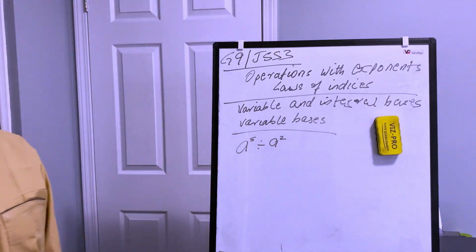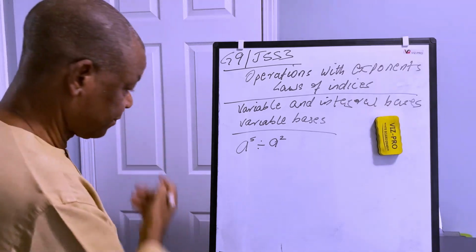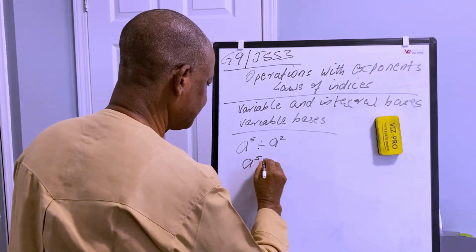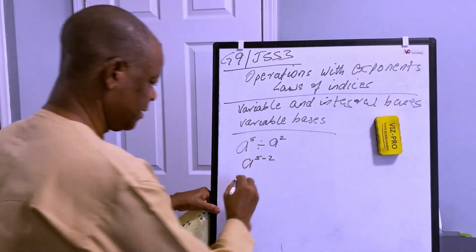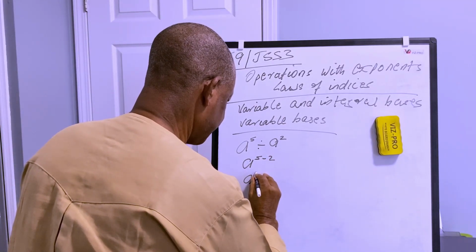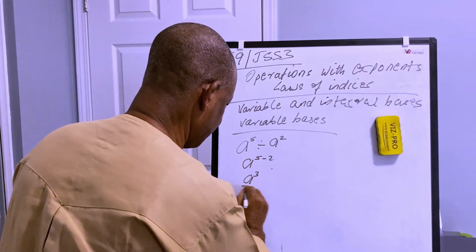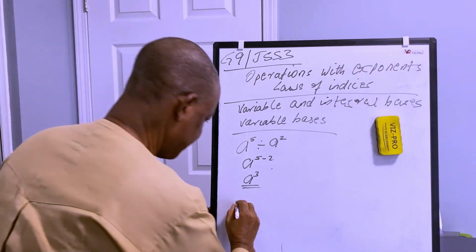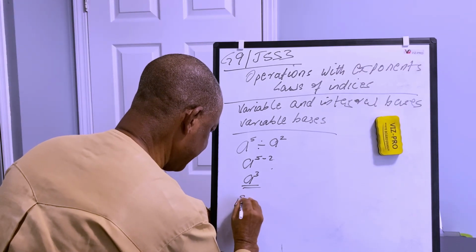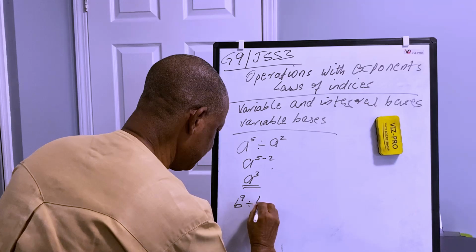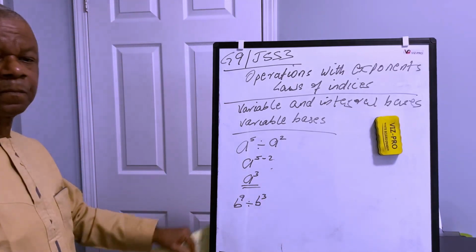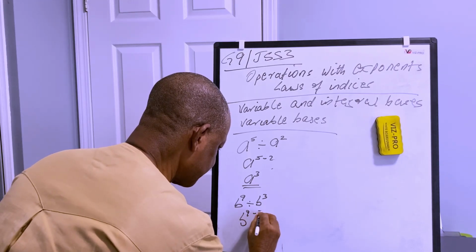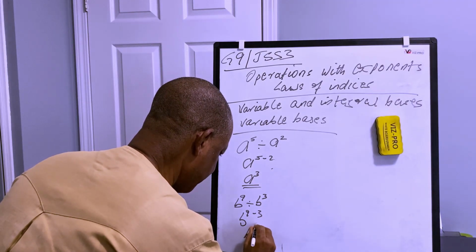So we have a raised to power 5 minus 2, giving us a raised to power 3, because 5 minus 2 gives us 3. Then b raised to power 9 divided by b raised to power 3 will be b raised to power 9 minus 3, and that is b raised to power 6.